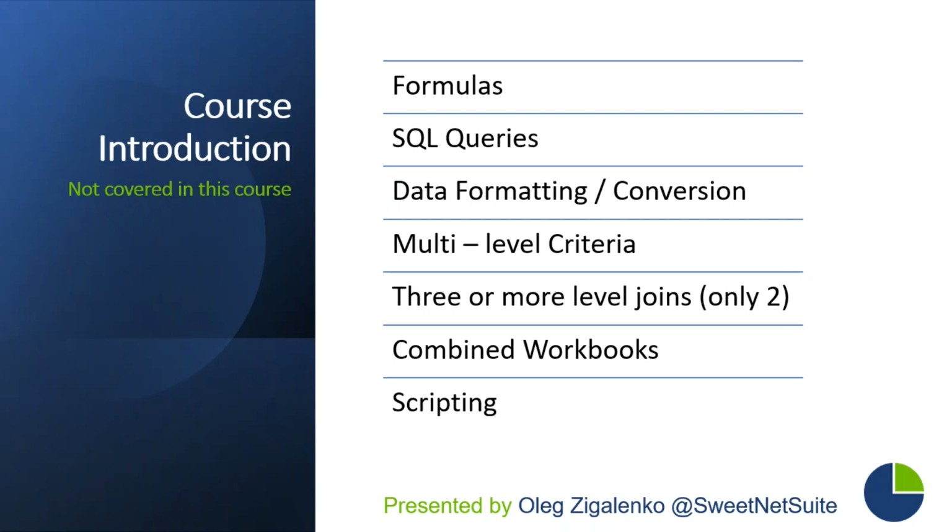And we will also not talk about scripting at all in this series, where you can utilize SuiteScript to build much more data structures, bring different types of workbooks together, and force certain fields and do different logic inside of scripting that the out of the box workbook does not allow you. So this is the basic structure of this course, and I hope you are as excited as I am, and let's get started.